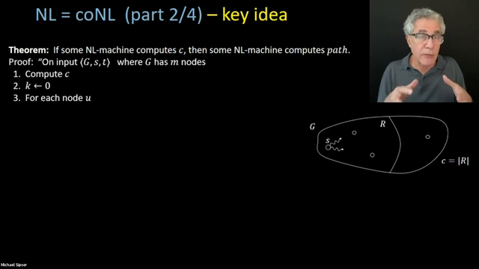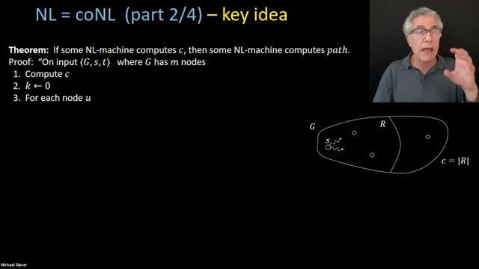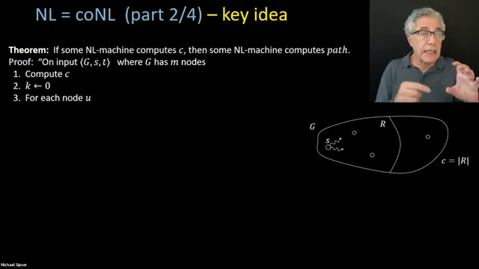It's going to guess some of the nodes as being reachable, confirm that the ones that it guessed are reachable, and then check to see that that number equals 100. On some branch of the non-determinism, you will guess right, and you'll end up with exactly the right set of 100 reachable nodes. And then you'll see, is T one of those reachable ones?